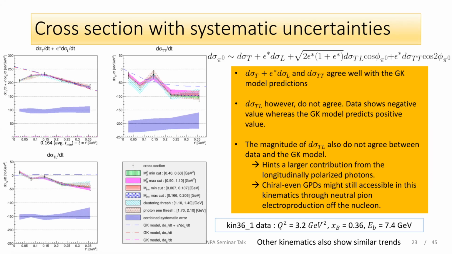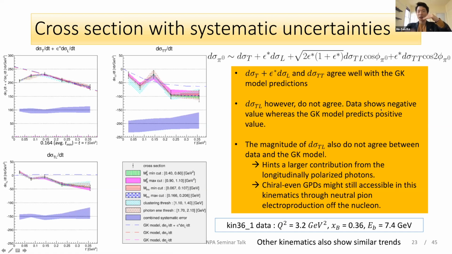So how do you get it? I guess this was a measurement, so how do you even get it to be negative? Is that just because there's the cosine in there somehow? Yeah, so what we do is, maybe I should have put it in the backup. We will see this modulation of the number of events along the phi distribution, right? And then we fit this cosine phi and cosine 2 phi.